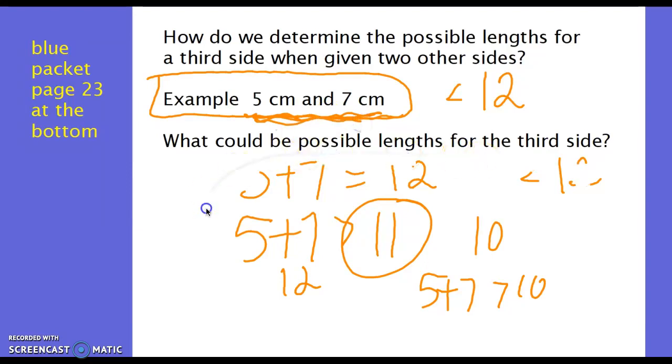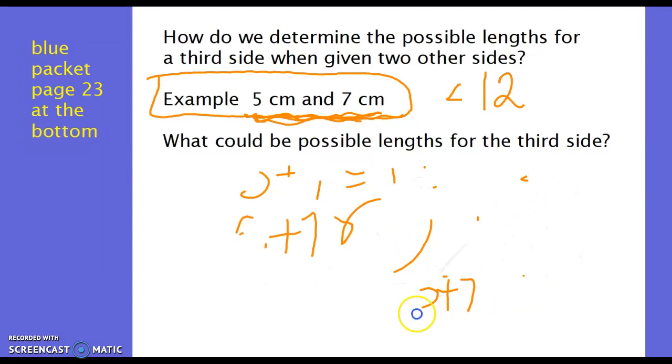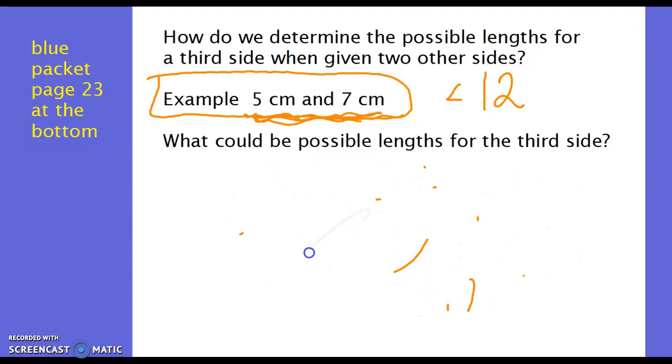Okay, let me erase some of this stuff. Now let's look at, what if 7 was the biggest side, and we wanted to figure out a side that could be even a little bit smaller. Well, I want to figure out then, if I have some number, and then 5 and 7, now these two sides would have to be added up and be greater than 7.